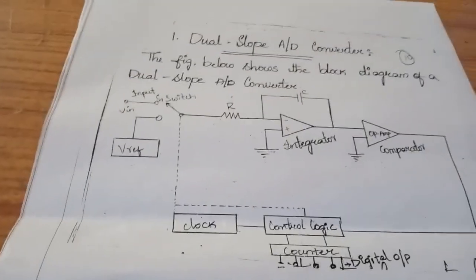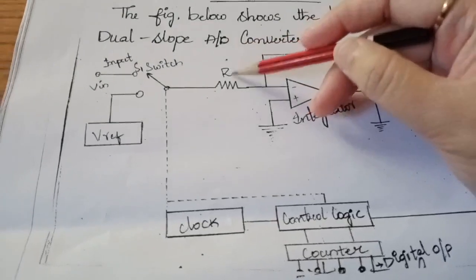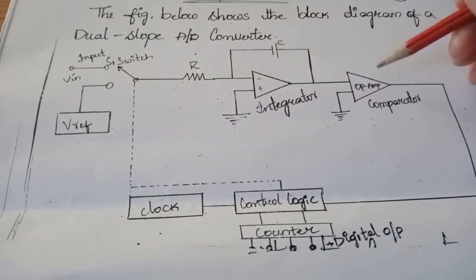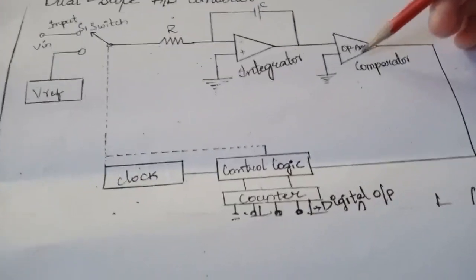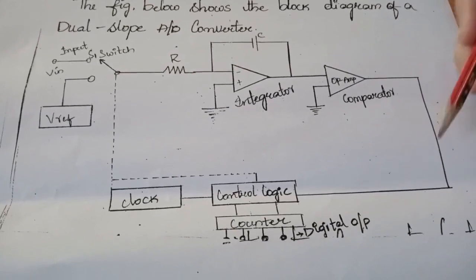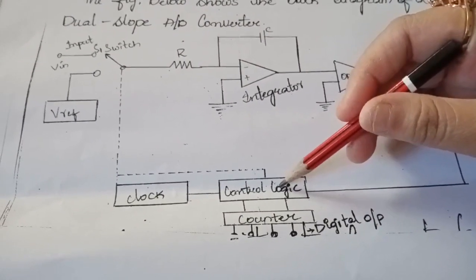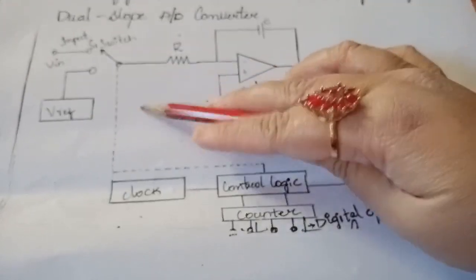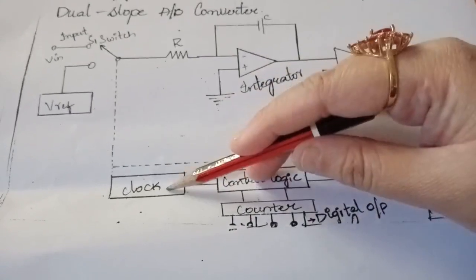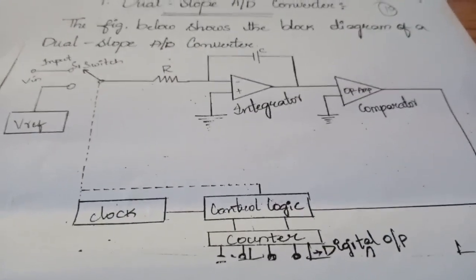First it is the switch, then R. This part is known as op-amp as an integrator, then op-amp as a comparator. Comparator means which will be comparing. Then it will pass to the control logic. The control logic will help the switch to switch to the other mode with the help of the clock. Clock means an external clock, like time according to the external trigger.